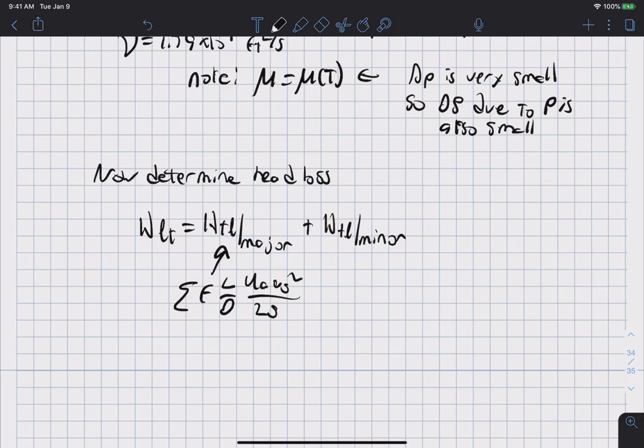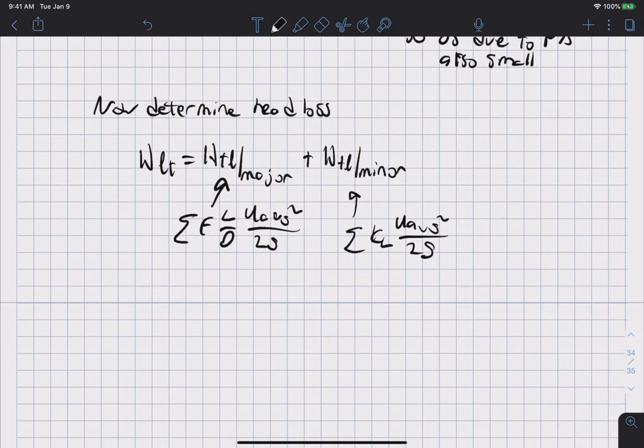And the minor losses are the sum of all the components of their loss coefficient times the average velocity squared over 2g. Since we have a constant area duct, we can simplify this to the U averaged squared over 2g times the sum of K_L.